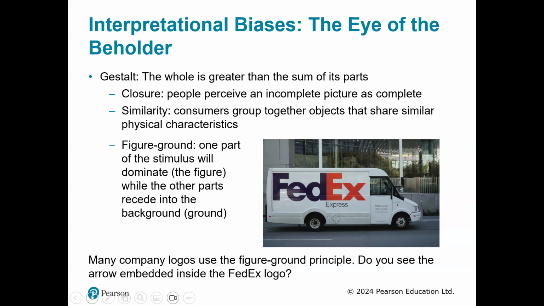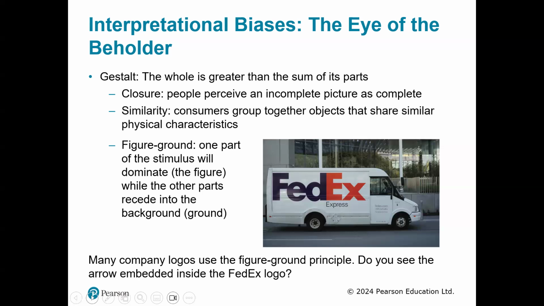The Gestalt perspective provides several principles that relate to the way our brain organizes stimuli. Number 1, the closure principle states that people tend to perceive an incomplete picture as complete.